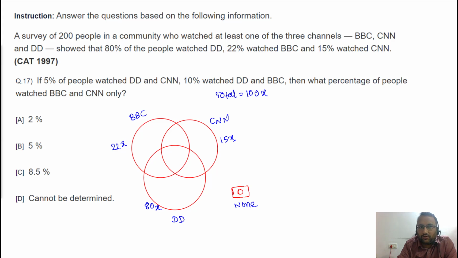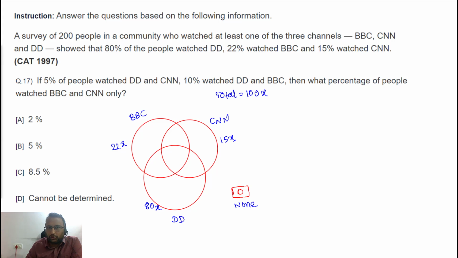Then what percentage of the people watch BBC and CNN only? So basically the question is saying the value of DD and CNN, the sum of these two regions is 5x. Then DD and BBC, the sum of these two regions is equal to 10x. And we need to find the value of this region now.